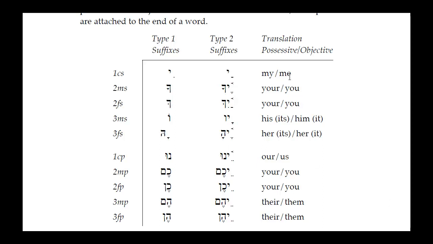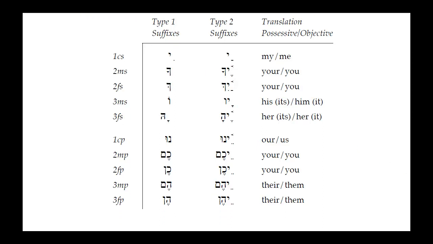And we see that these also are, like me over here, would be when this was attached to a preposition: ali, upon me, alecha, upon you, alayich, upon you, alav, upon him, aleha, upon her, alenu, upon us, alechem, upon you, alechen, upon you, plural. And so you can see how it works all the way down as a direct object. So we'll get into that in a little bit.